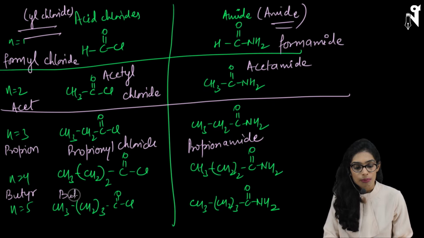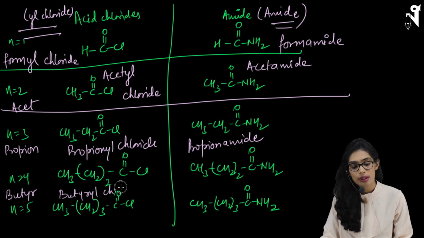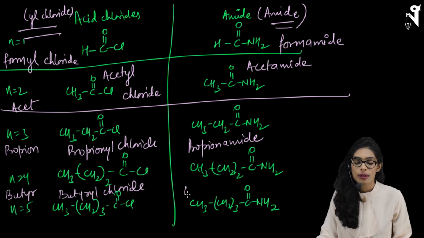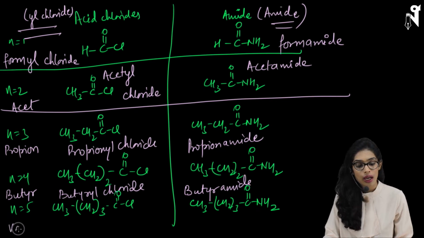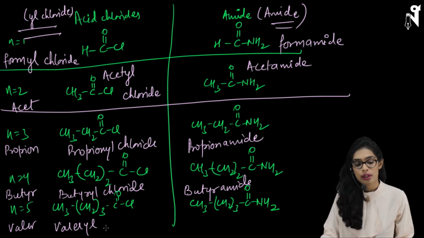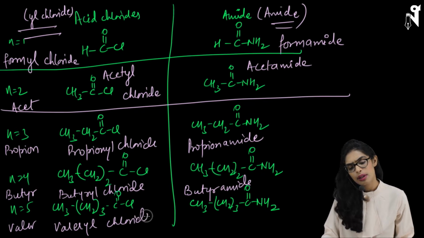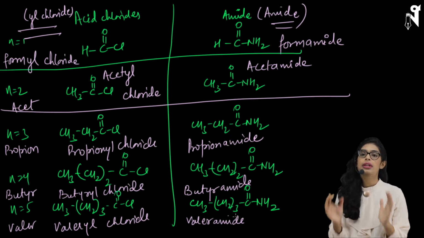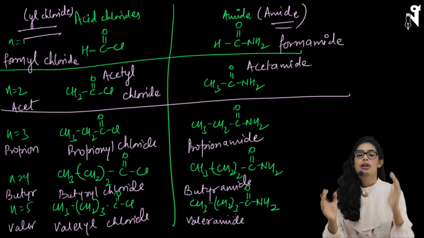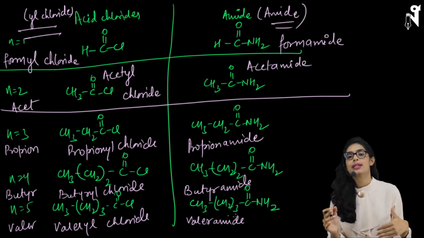Now this will be butyryl chloride, and this will be butyramide. This is valer, so it will be valeryl chloride, and this will be valeramide.